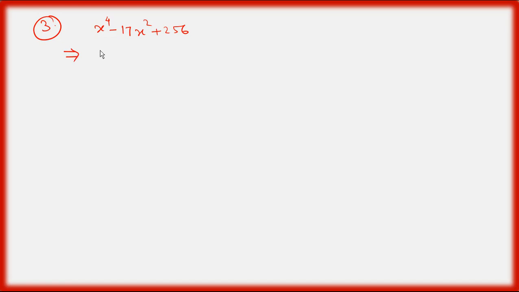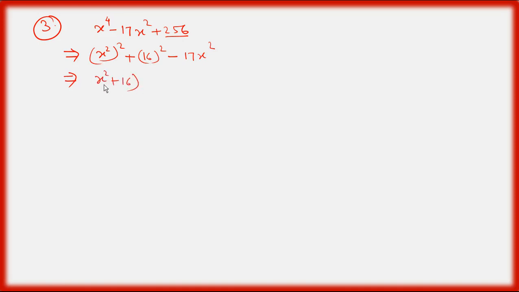First of all, by the first method, let me check. (x²)² plus 256, which is the square of 16. Am I right or not, dear students? Yes, sir. It is right. Yes, 256 is the square of 16.